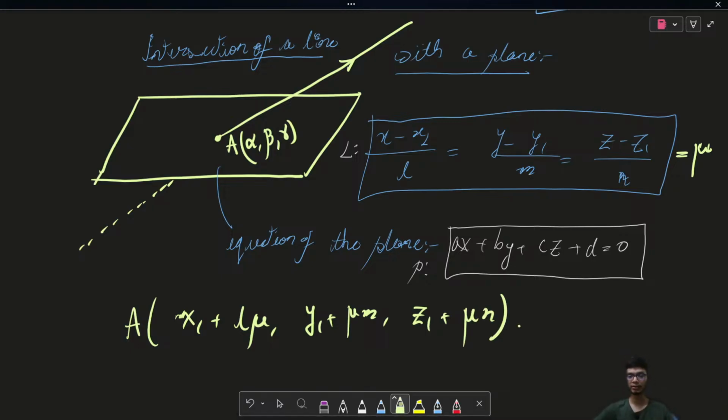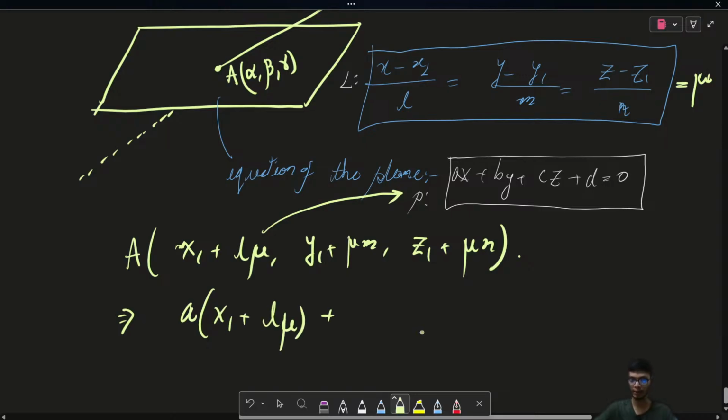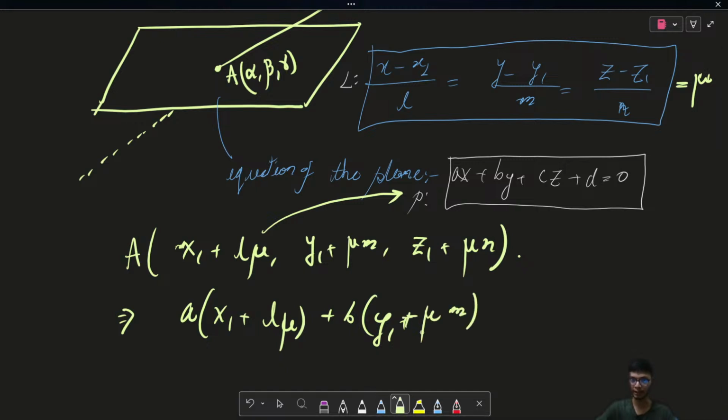Now this particular point will also lie on the plane, so I just need to satisfy this point in the equation of the plane as well. So we obtain a times (x1 plus l times mu) plus b times (y1 plus mu times m) plus c times (z1 plus mu times n) plus d should be equal to 0.